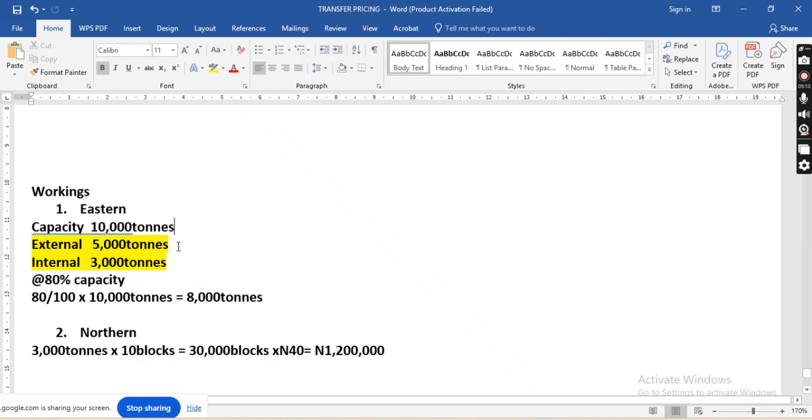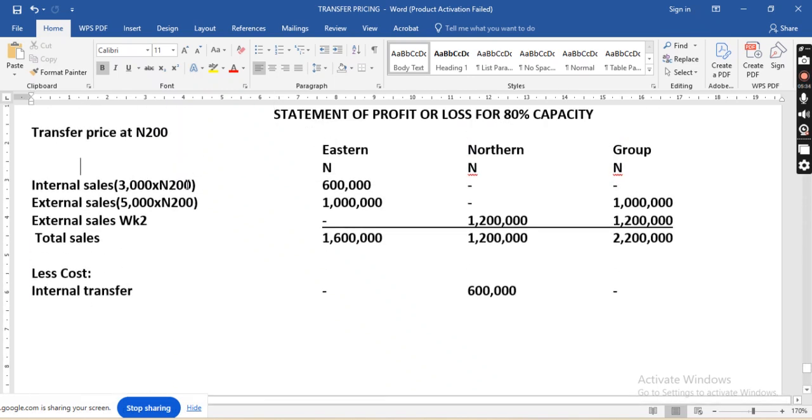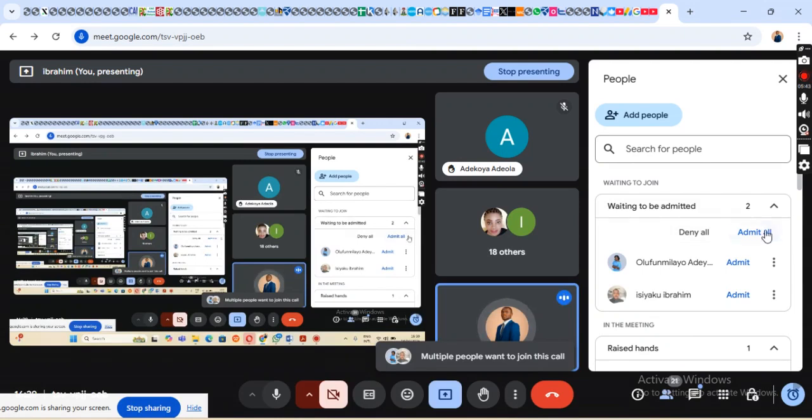So when you give external 5 and you give internal 3, the variable cost will be based on what? The 8,000 tons, the capacity, right? Because the question says it is 80% capacity.